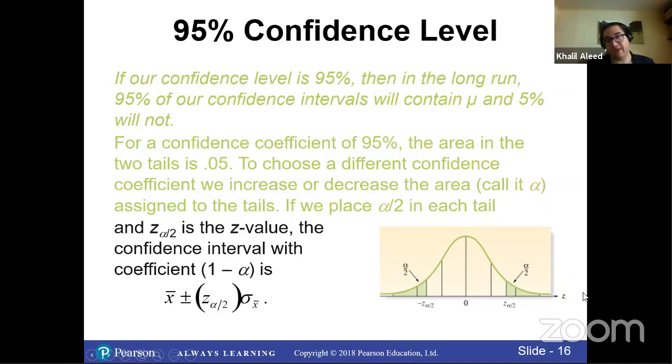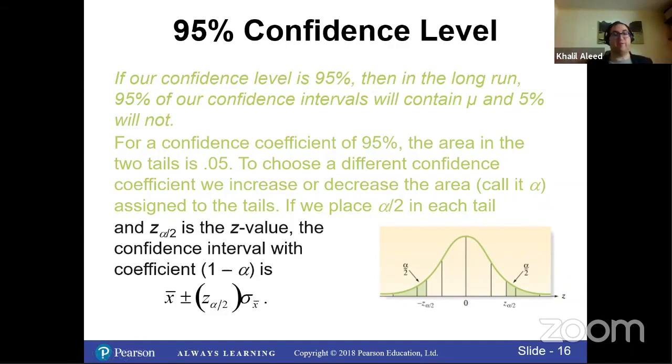So you go to the Z table, you check what Z is for 2.5%, as we saw in the first section, and you multiply the Z value by the standard deviation of the sample. This will give you the upper limit. The lower limit will be X bar, the sample mean, minus the Z value multiplied by the standard deviation of the sample. That will give you the upper and the lower limit.